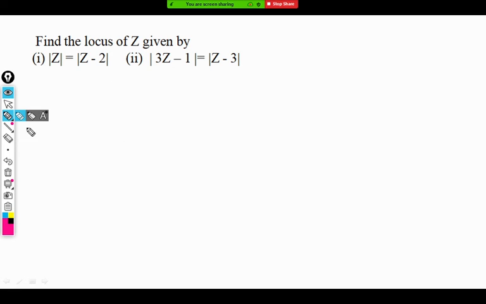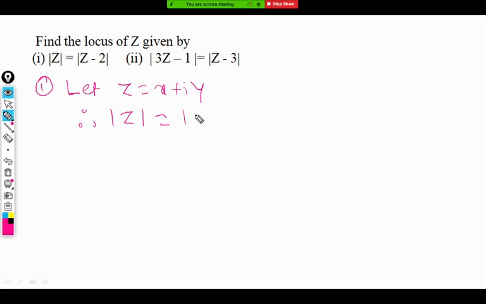So here is the last set of questions. We have to find the locus for mod z equal to mod z minus 2. Can anyone guess what should be the answer? No one.